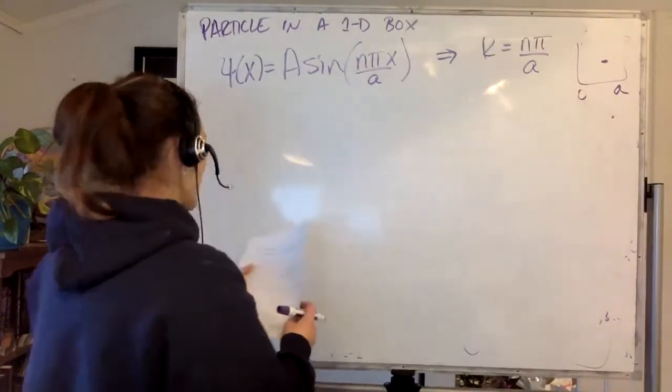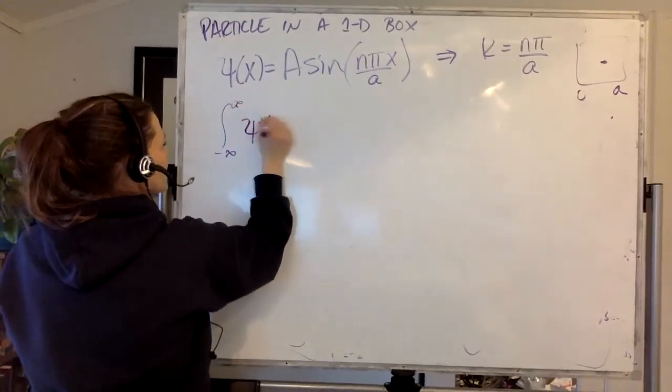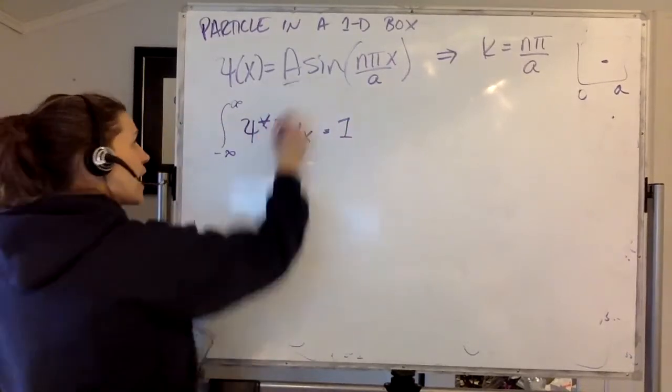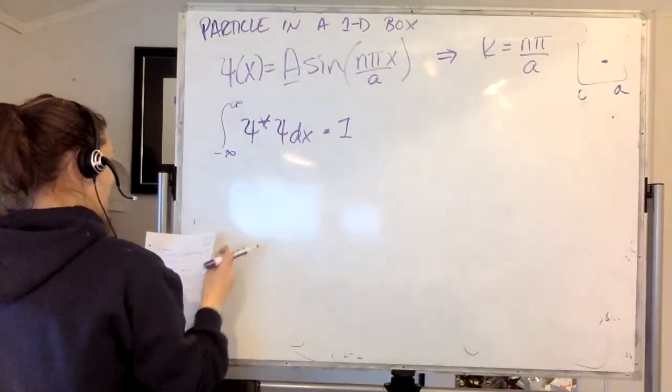So that means that if I were to take the integral from minus infinity to infinity of psi star psi dx, I would get 1. A is my normalization constant. And so what we want to do is now solve for what A is.